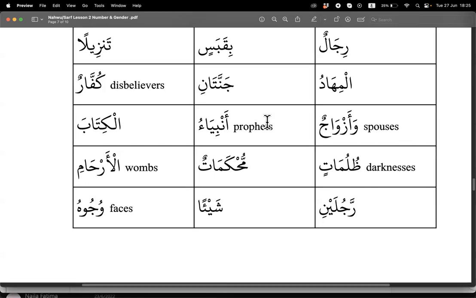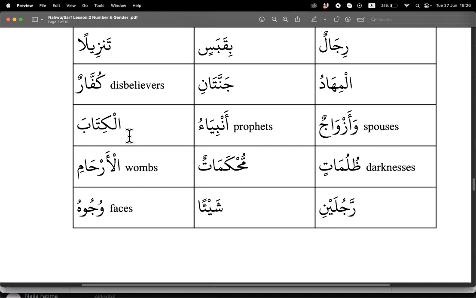Next one, anbiya. Anbiya is either singular feminine or plural. It's human, so prophets must be what gender? Masculine, plural masculine. What status? Rafa. Very good.